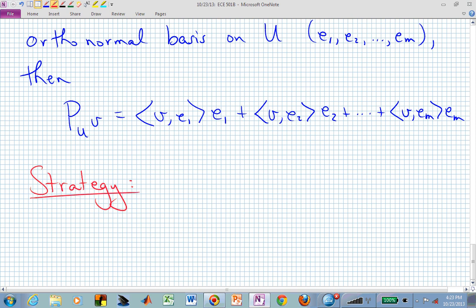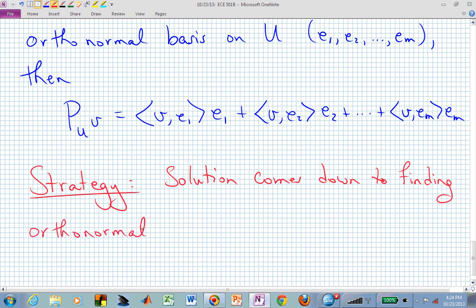Our strategy, or the solution, comes down to finding an orthonormal basis on U. And how would we do that? If I give you a subspace U, how do you find an orthonormal basis on U?